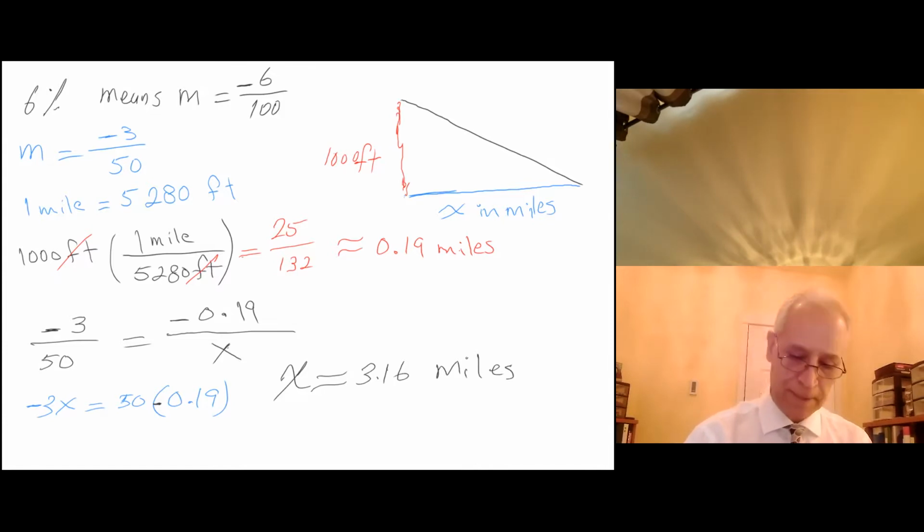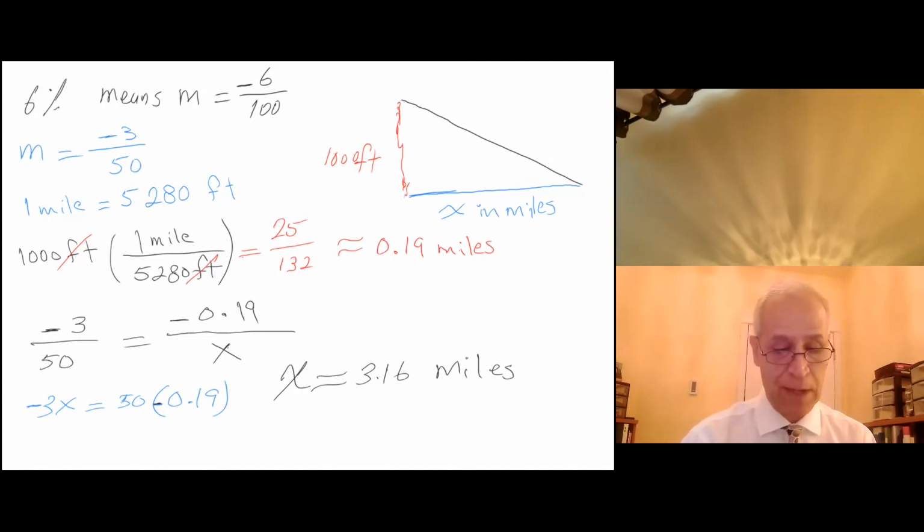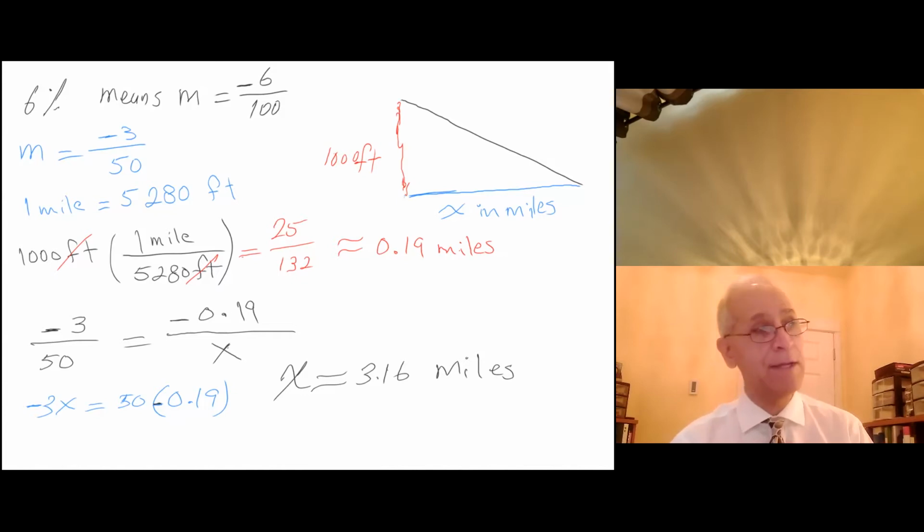Okay. So what were the important things here to remember? Number one, do yourself a drawing. That way you have a better understanding of what the problem is asking. Number two, simplify or reduce anytime you can, as we reduced -6 over 100 to -3 over 50.